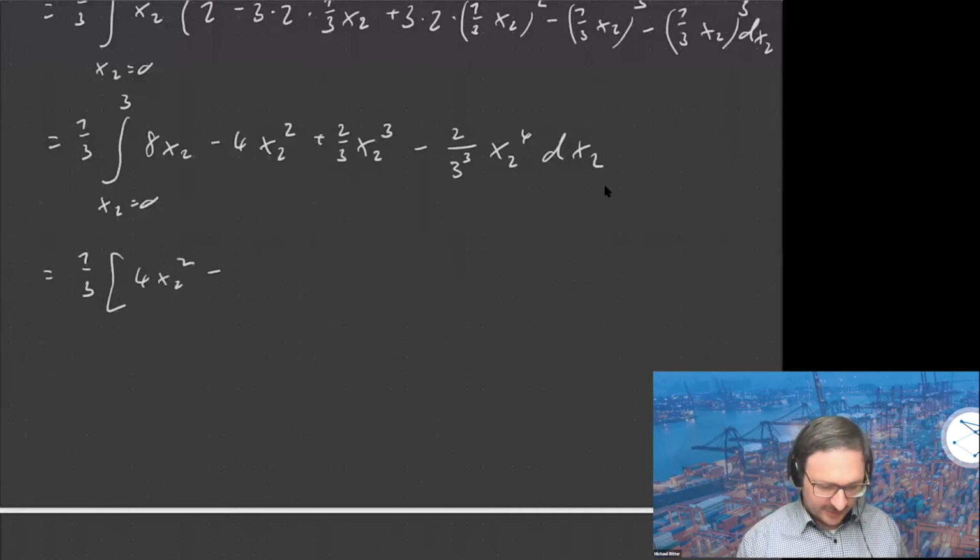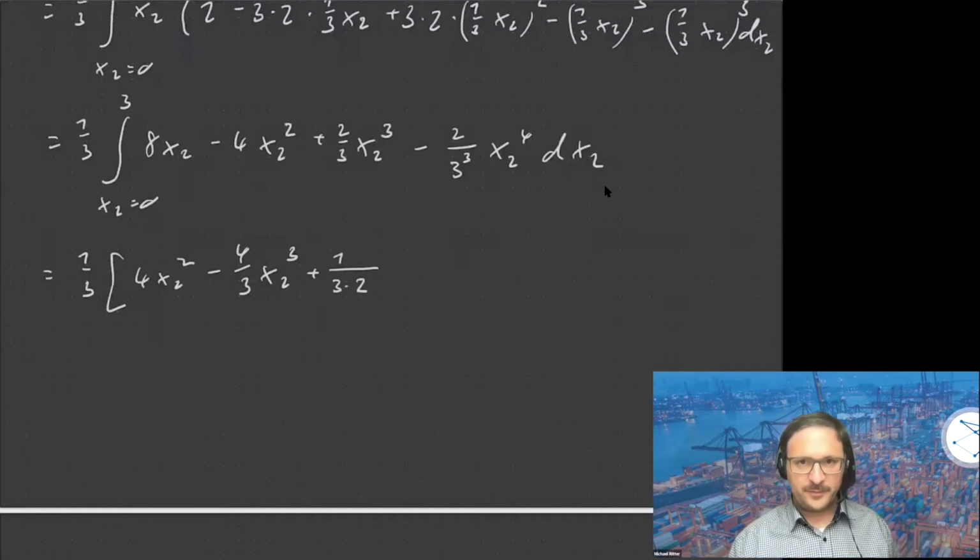There's nothing that we can cancel out here, so this is minus 4 over 3, x2 to the third. Then we have 2/3 x2 to the power of 3. Integrating that yields x2 to the power of 4 over 4. So we can cancel the 2 and part of that 4. And that means we are left with 1 over 3 times 2. That would be 6. x2 to the power of 4.